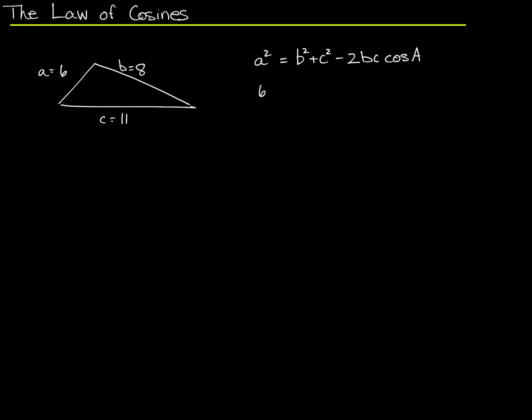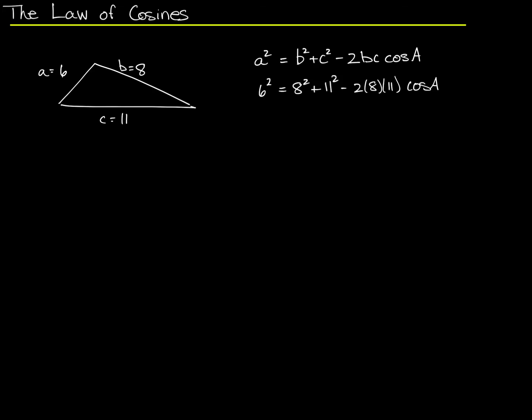So now what I have is 6 squared equals 8 squared plus 11 squared minus 2 times 8 times 11 times the cosine of A. Now, because I have all the sides and not the angle, this is the piece that's missing, and I need to solve first for the cosine of A, and then eventually, by taking the inverse cosine, solving for A.